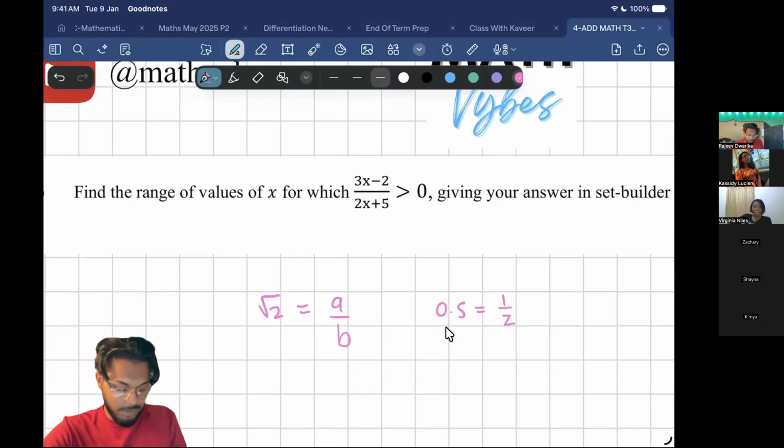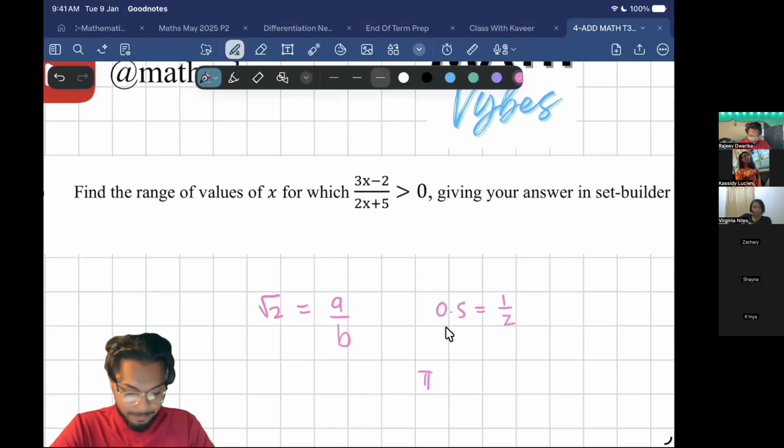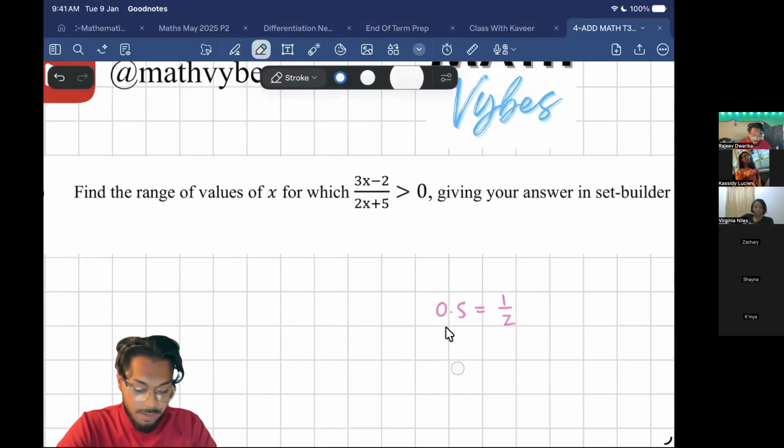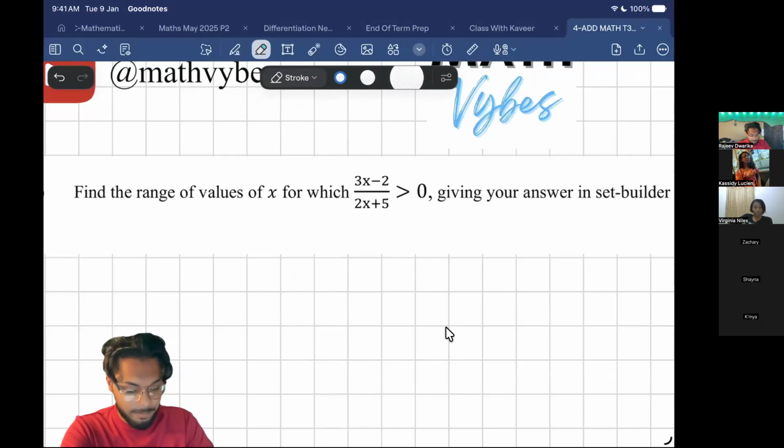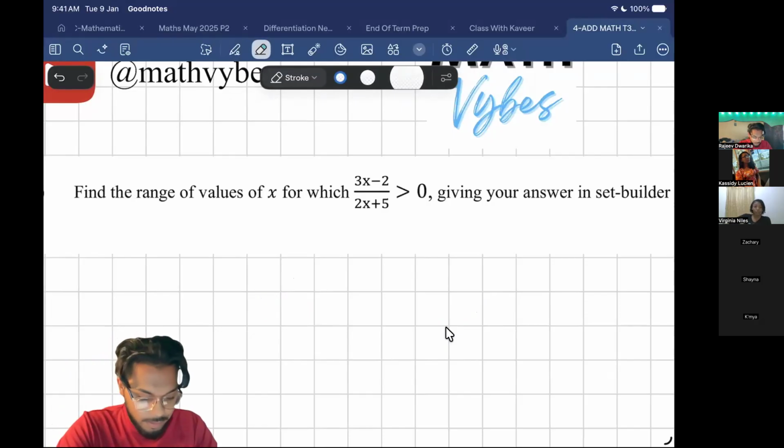Yeah, I can't really do that for √2. Root 2 is an irrational number. Another example is pi. People that say pi is 22 over 7, that's a lie. Pi is actually an irrational number and it goes on forever, right? You can't write it as a quotient of two integers. So something is rational if you could write it as a quotient, right? Yes, sir. Thank you. No problem.